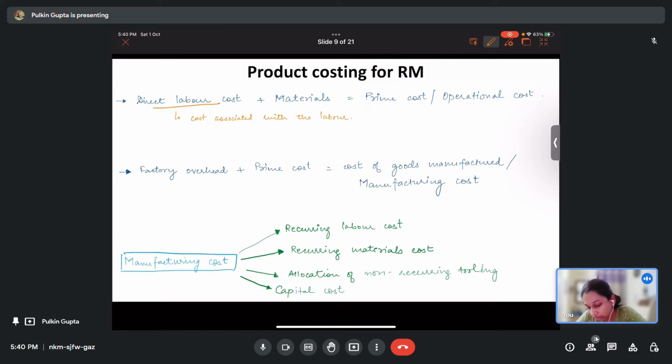And next is your materials cost, which is the cost of the direct material which is evident in the component.